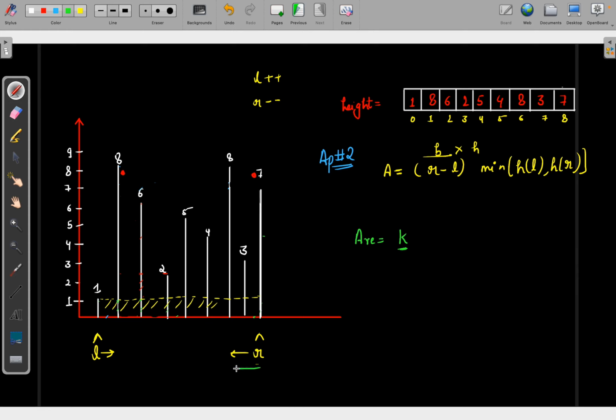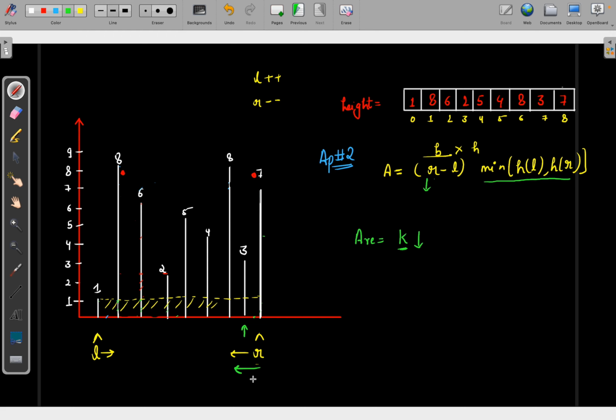But if I am moving my R pointer, will the area decrease? Suppose if R is here, my area will decrease because the length will decrease. So R minus L, R pointer will decrease, so the difference will decrease. Maybe the height will be the same because minimum of HL, but area will decrease.